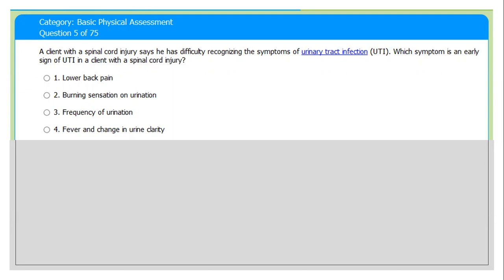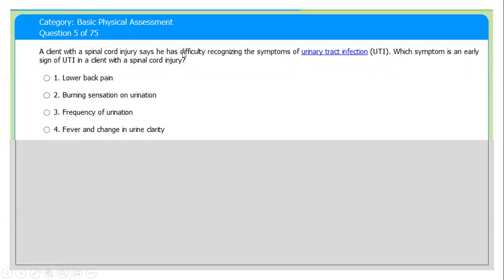Most infections involve the lower urinary tract, the bladder and urethra. Women are at greater risk of developing UTI than men. An infection limited to the bladder can be painful, right? So maybe lower back pain, but here the question is a little bit different.